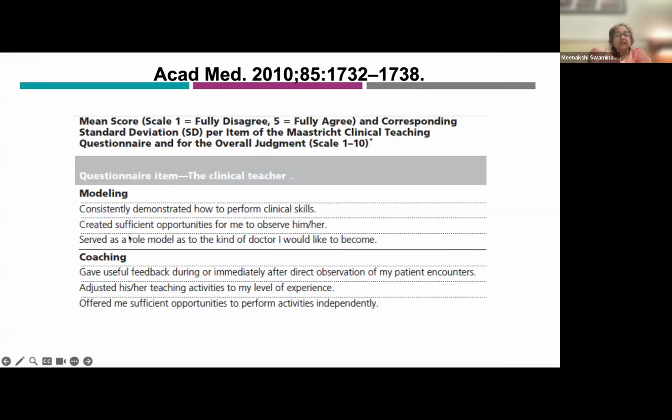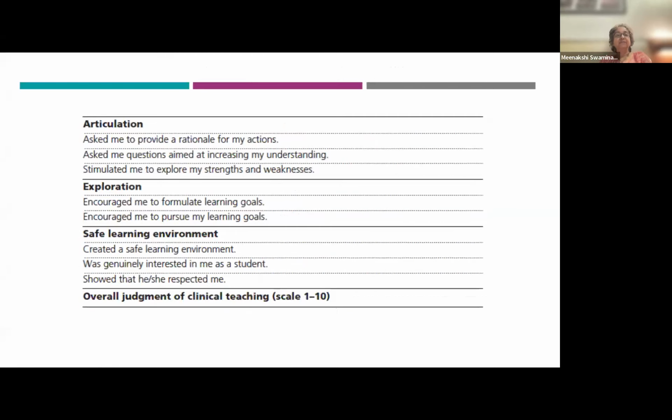After modeling, there was coaching, which talks about giving useful feedback, adjusting the teaching activity to the level of experience, and offering sufficient opportunities to perform independently. Then there are a few more domains: articulation, asking me to provide a rationale for my actions and asking me questions to increase my understanding, and so on.